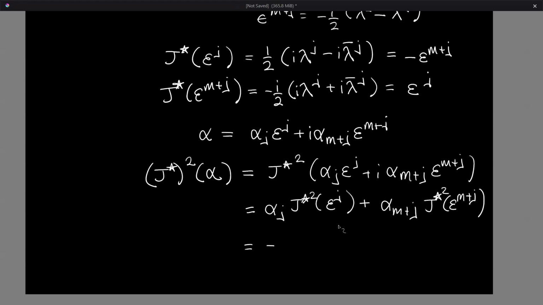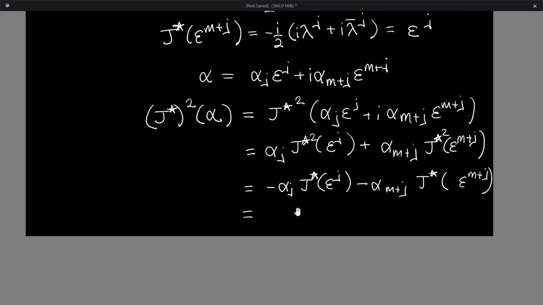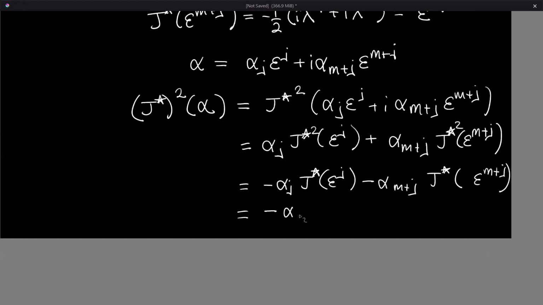That ends up with alpha j J star of epsilon j plus minus alpha m plus j J star of epsilon m plus j, and that ends up giving us minus alpha j.